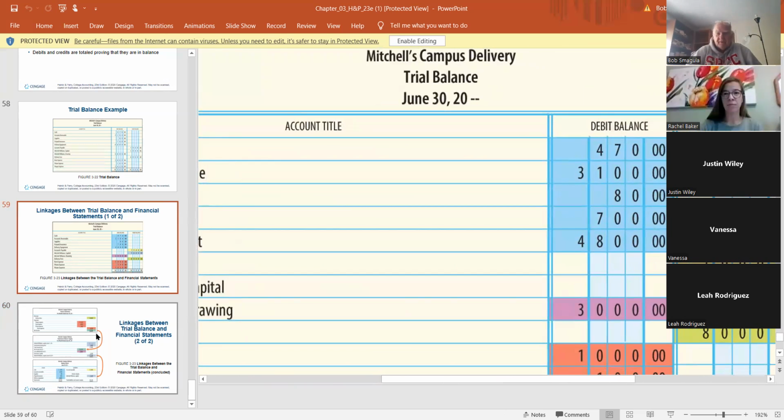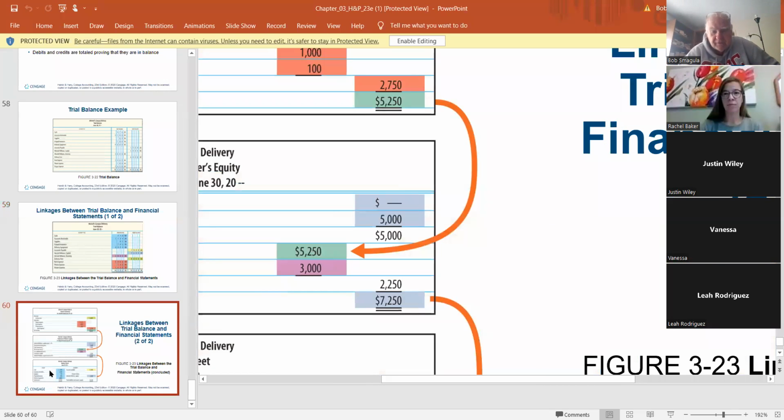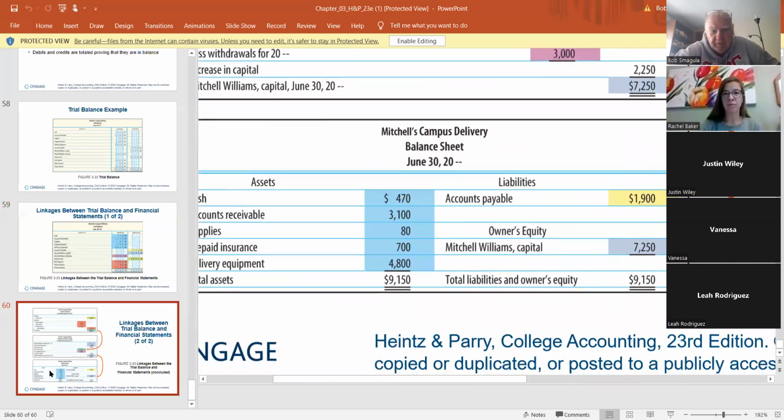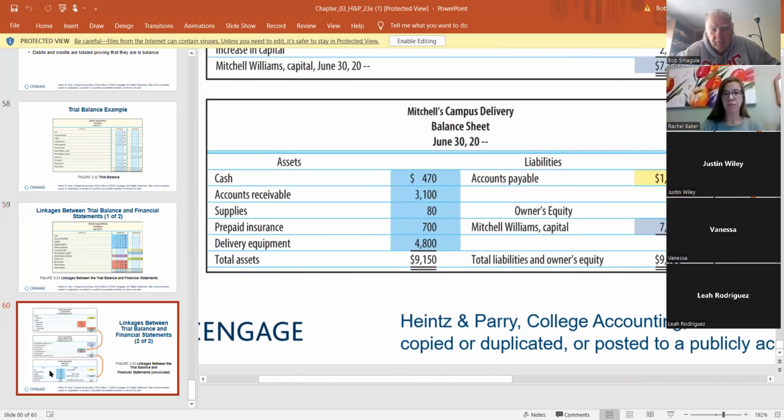We're back to the trial balance. We're just going to copy when we do the balance sheet. When we do the balance sheet now, we're just copying every single number from the general ledger, except one number has changed. What number has changed from the trial balance? The answer is the equity number.